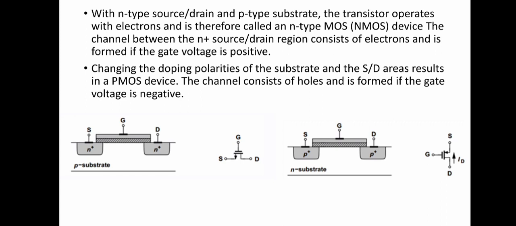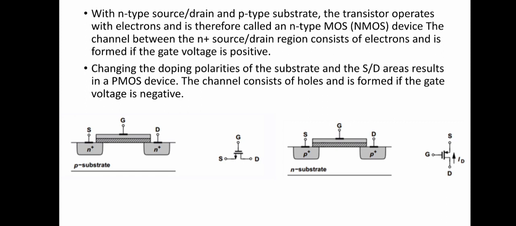Changing the doping polarities, so that source and drain are P plus and the substrate is N type, gives the PMOS device. The channel consists of holes and is formed only if the gate voltage is negative. So you can see the structure of the NMOS and PMOS respectively and the symbol for the same.